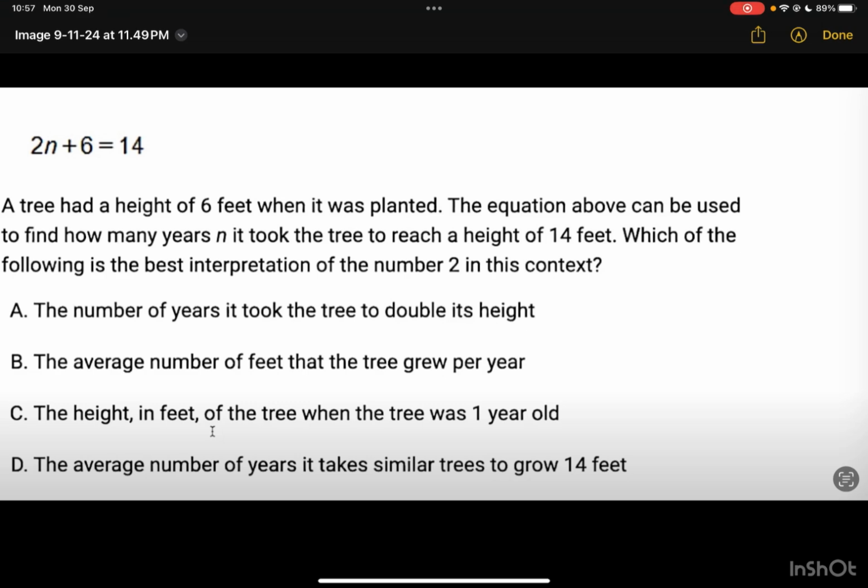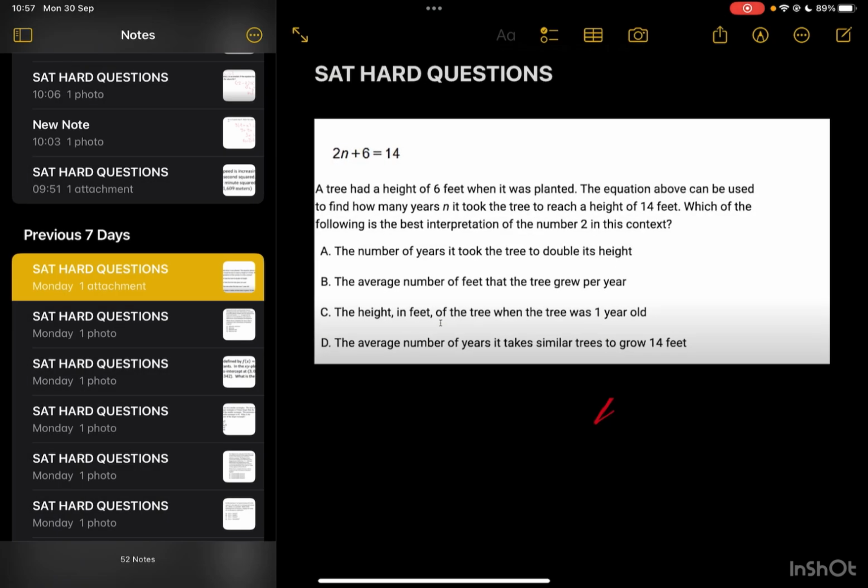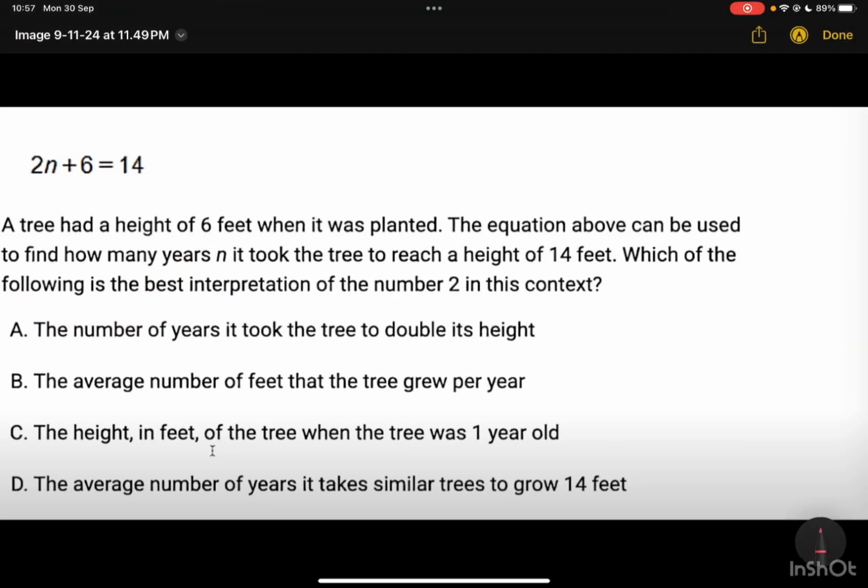For A, the number of years it took the tree to double its height is wrong. For B, the average number of feet that the tree grew per year, that's the correct answer because n is per year and 2 is the average number of feet, which is why 2 is multiplied with n.